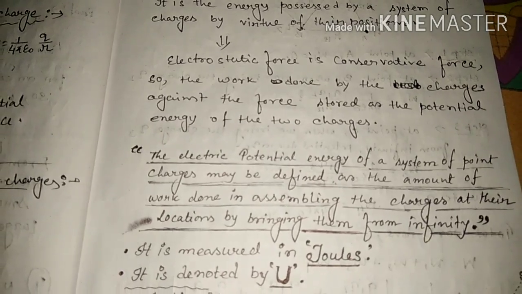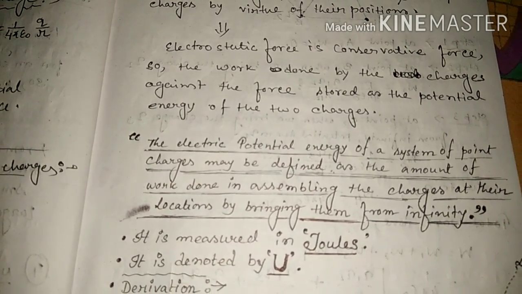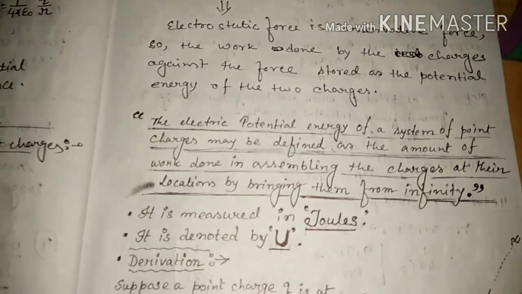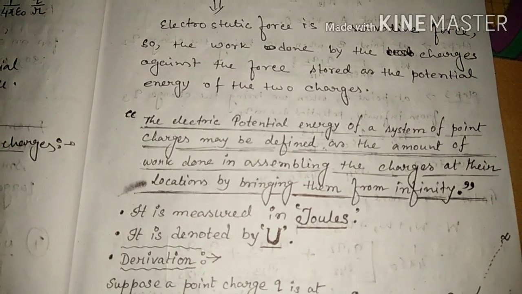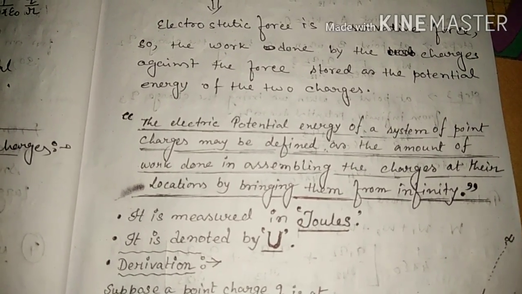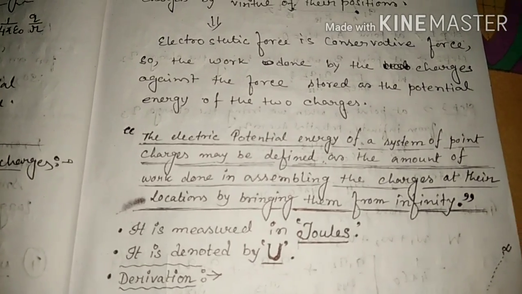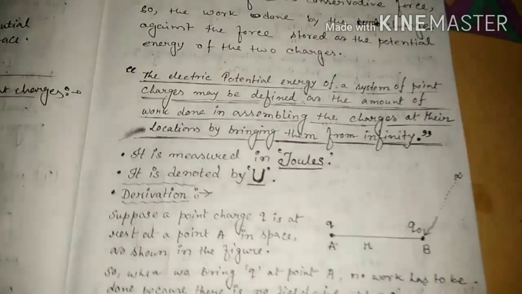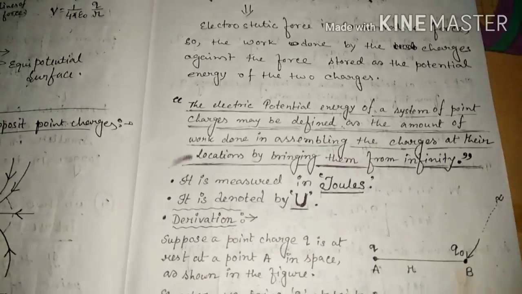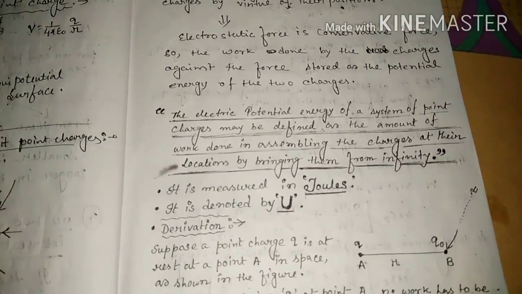This potential energy is measured in the unit joule, and it is denoted by capital U. Clear?